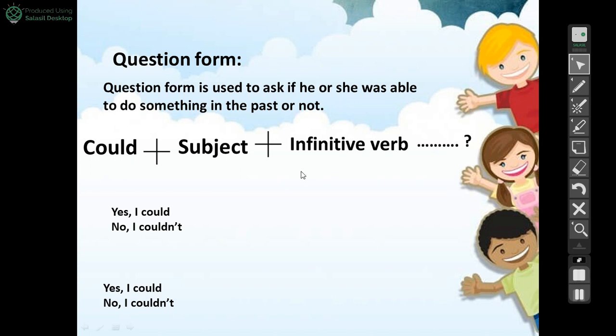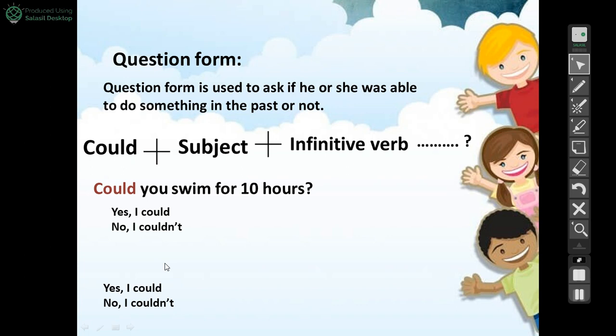For example, could you swim for 10 hours? Here we ask, نسأل, if he or she was able to do something in the past or not. And the answer here, yes, I could, or no, I couldn't.